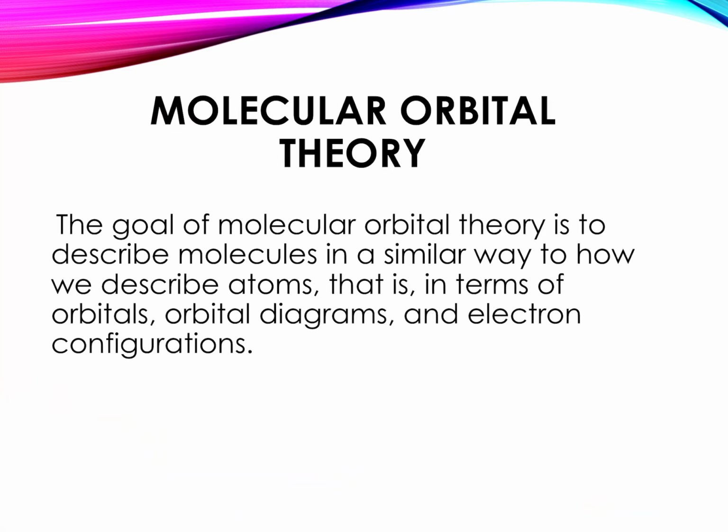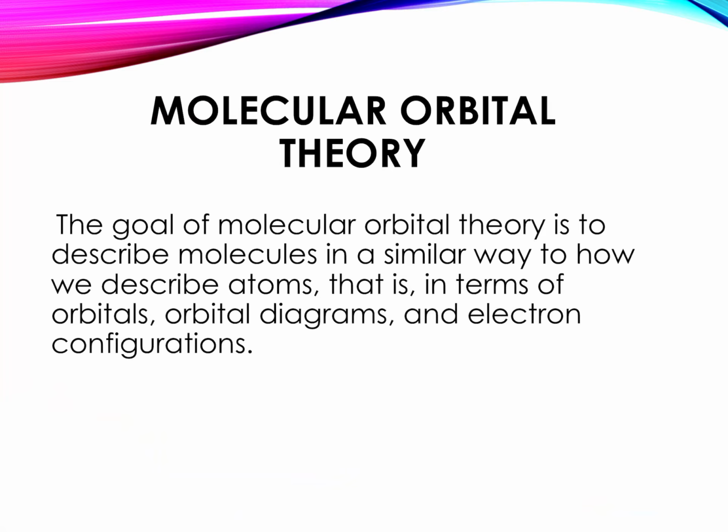This is actually more how we depict molecules in higher levels of chemistry. And so this will be kind of just an introduction to molecular orbital theory. You will definitely need to know this stuff, though, if you go on and take inorganic chemistry later in college. This molecular orbital theory will be kind of a central theme in those classes.